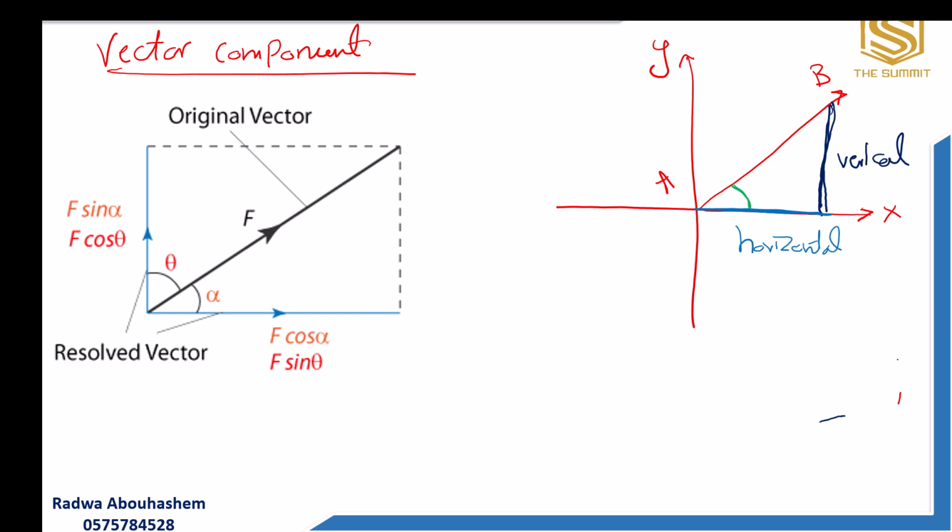And this is the angle included between the x-axis and the vector, for example maybe 30. If I need the horizontal one, it would be the magnitude of the vector multiplied by the cosine of the angle. If I need the vertical one, I need to multiply the magnitude by the sine of the angle.